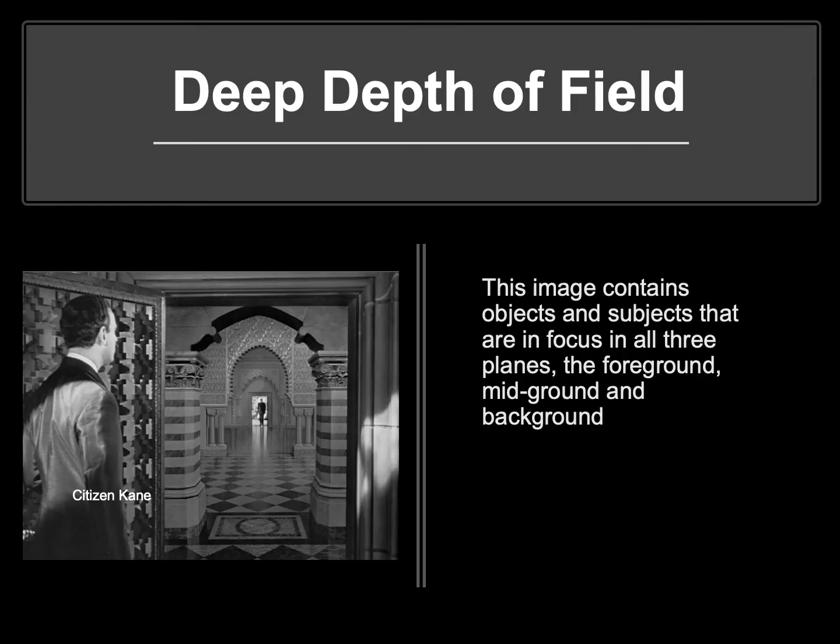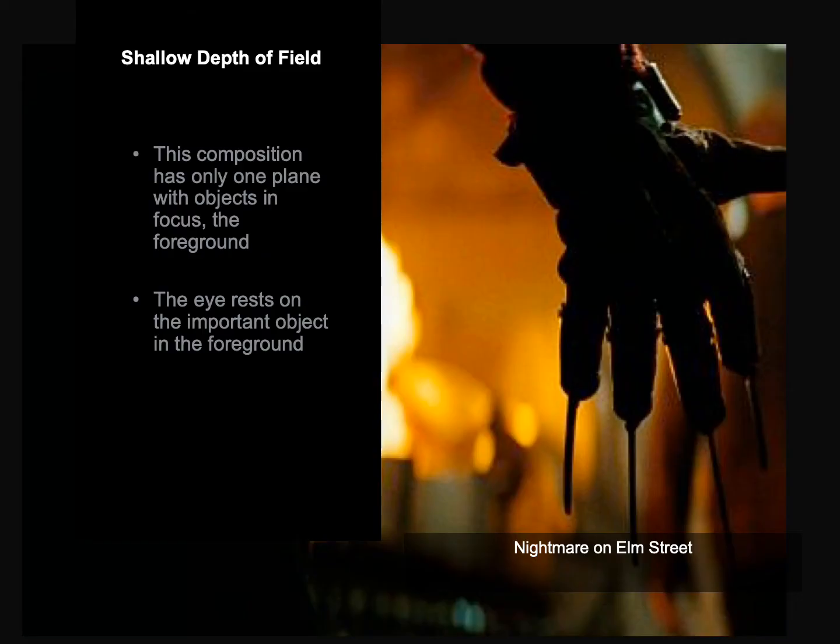This image contains objects and subjects that are in focus in all 3 planes: the foreground, midground, and background. Shallow depth of field. This composition only has 1 plane with objects in focus, the foreground. The eye rests on the important object in the foreground.